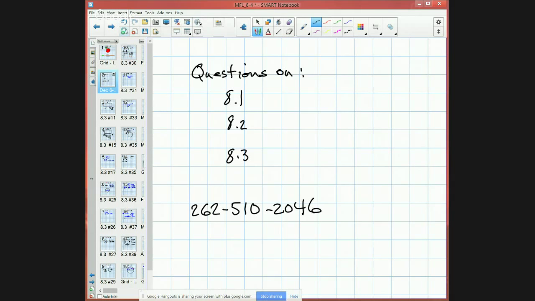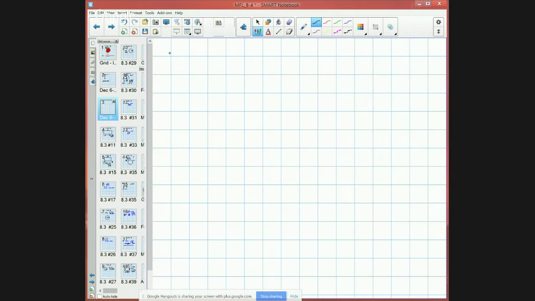8.2, number 29. Okay. So we're going to start with this request, 8.2, number 29. Let me get there. Oh, it's one of those proportion problems. I don't know if we have the time here, but I'll try to sketch this out.